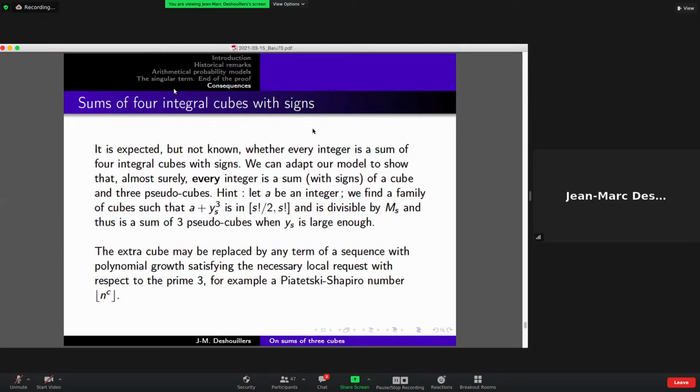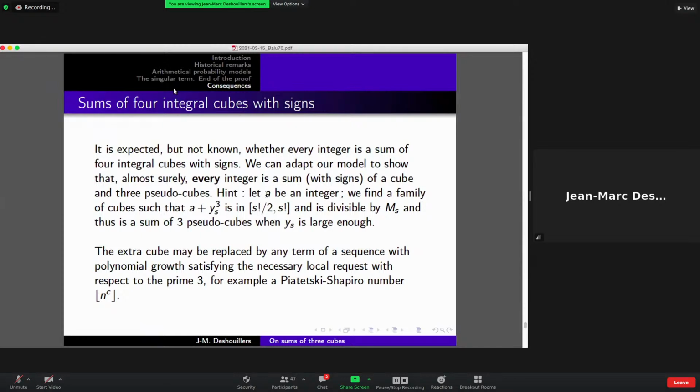But for 4 integral cubes, we expect that every integer is the sum of 4 integral cubes with signs. 5 is known, 4 is not known. But here, in our model, we can show that every integer is the sum of a cube with sign and 3 pseudo cubes. Hint, what we do is there is an integer you want to represent. It can be a small one.